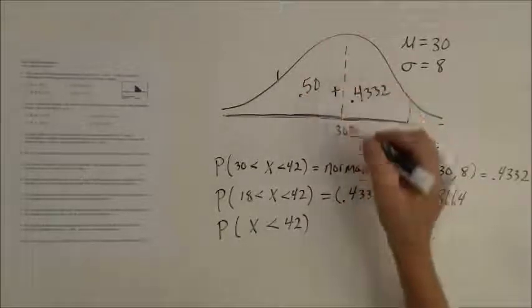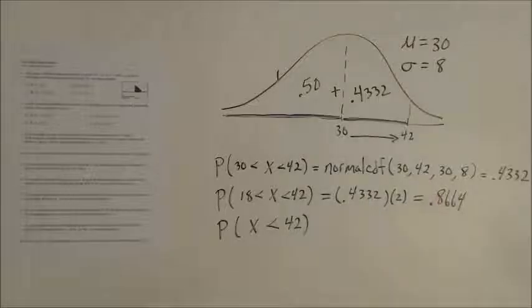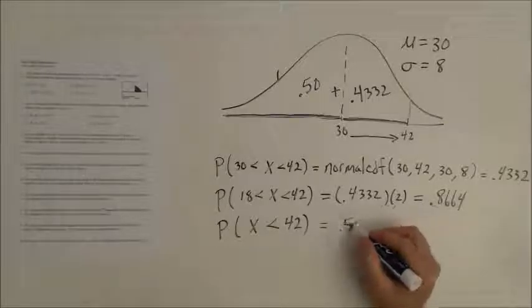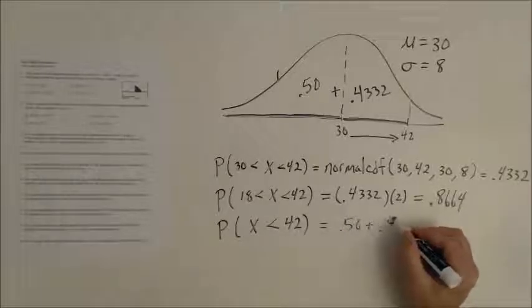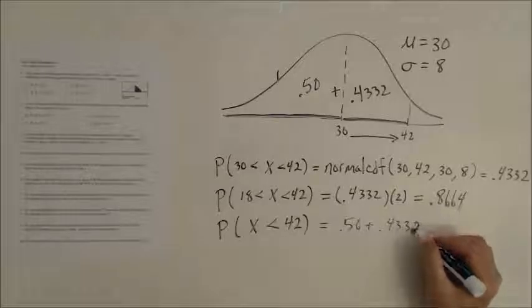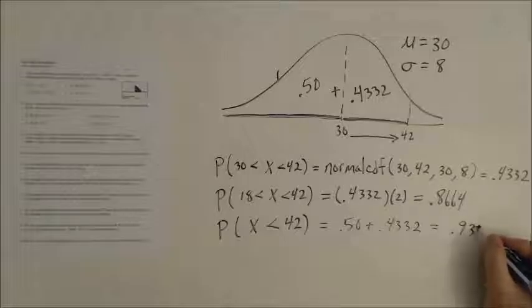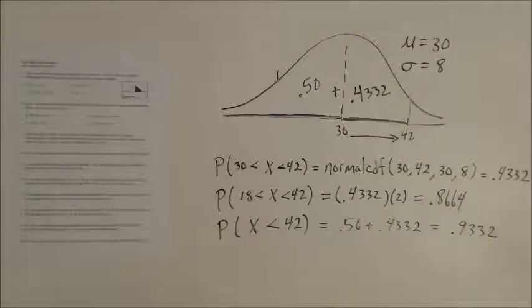Thus, together with the 43.32% that lies between 30 and 42, we have a total proportion of 50% plus 43%, or about 93.32%.